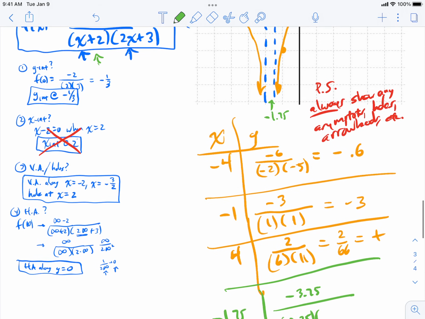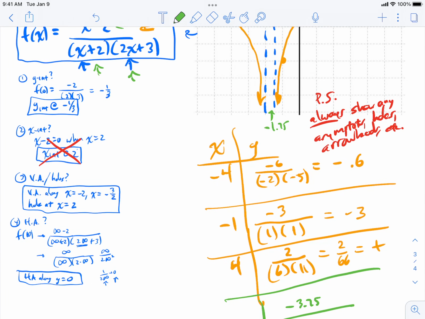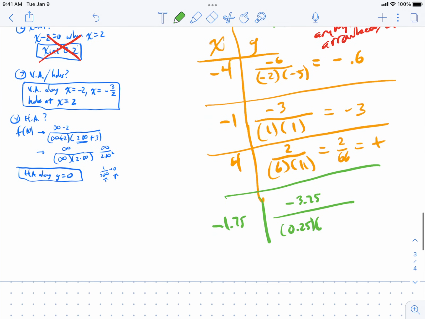And then here, negative 1.75 times 2 is a negative 3.5, and negative 3.5 plus 3 is a negative 0.5. Now the number is almost not interesting to me, but I might as well get it. 3.25 divided by... if you want to not get Alzheimer's, you should try to do these things in your head always. But I'm getting 26. It's way up there.